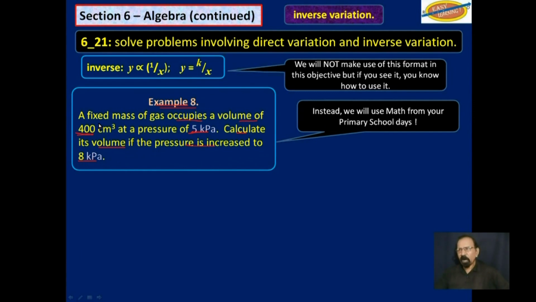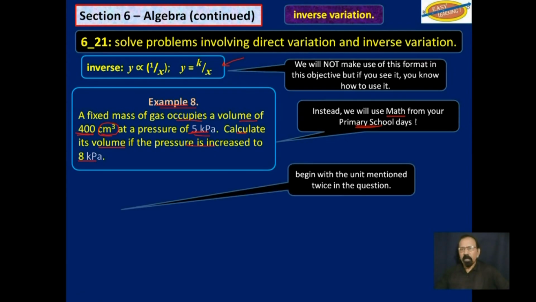You don't need to know about that nor what we mean by kilopascal. So we will actually look at that after we consider the primary school method. Let's begin with the unit mentioned twice in this question, which is kilopascal.